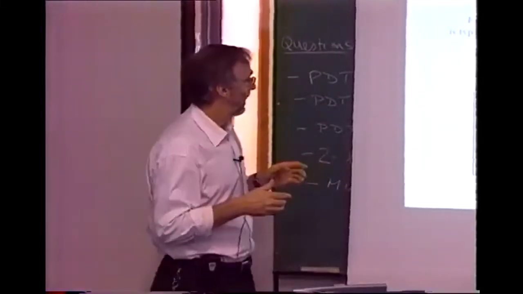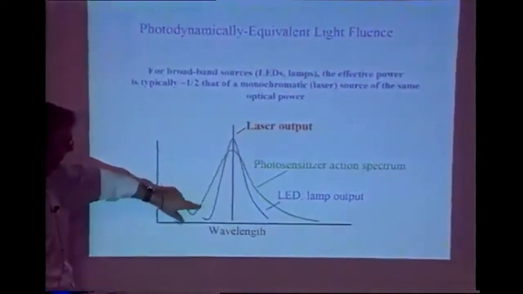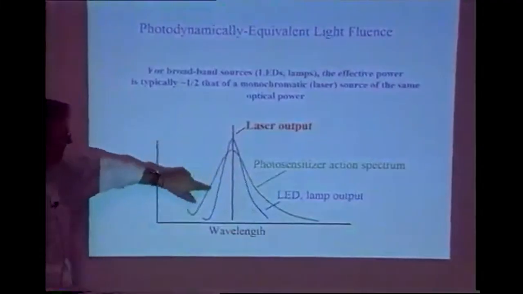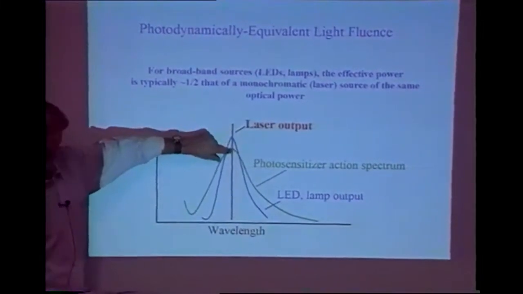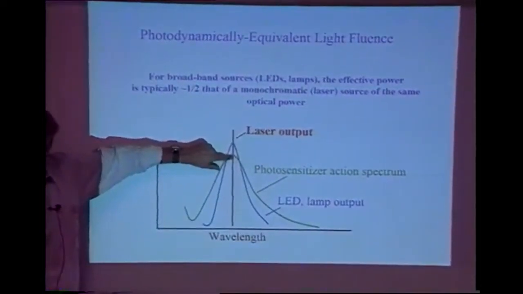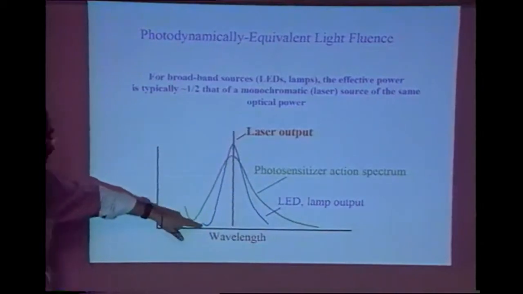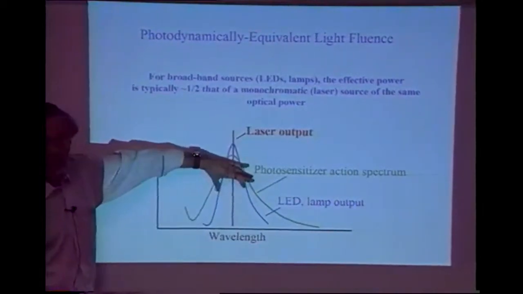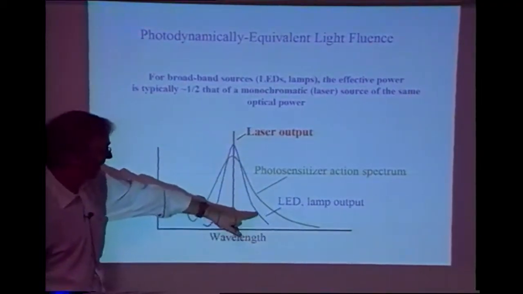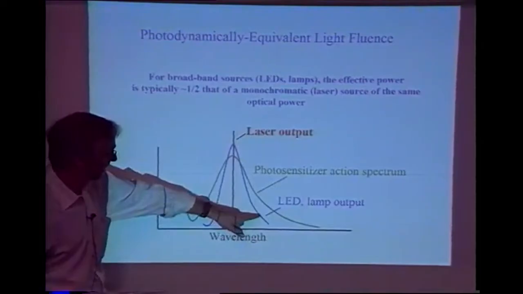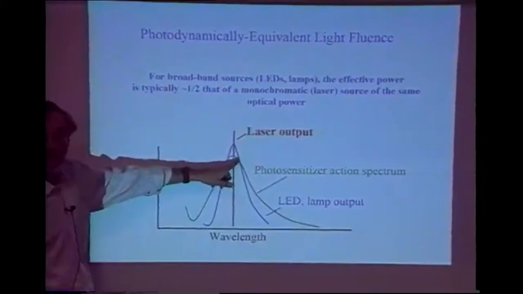And the reason is that if this is the photosensitizer peak, so this is the absorption spectrum, then a laser centered on this peak is maximally effective. Whereas if we have, say, an LED that has a distribution of output, typically maybe 25 nanometers wide, then obviously there is not the same effectiveness of this light at this wavelength as there is at this wavelength.